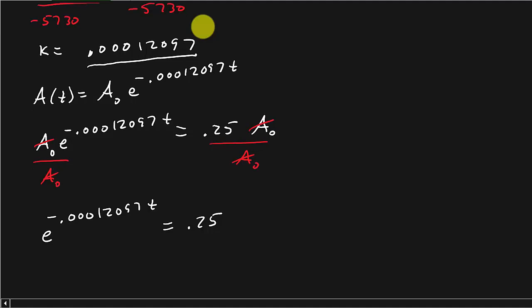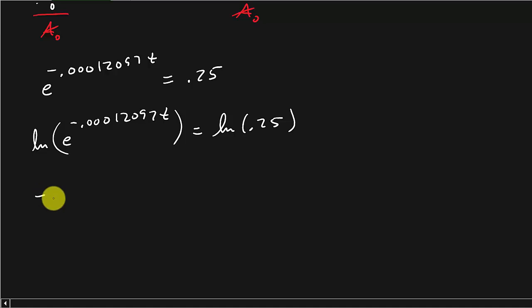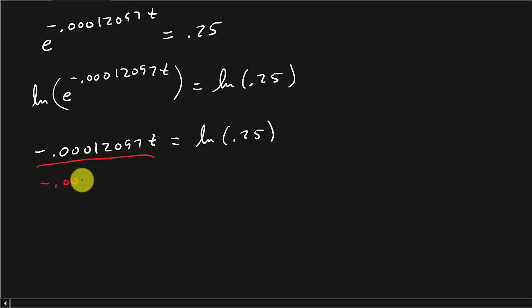We take the natural log of both sides, and that gives us negative 0.000120097 t. Remember, we just get the exponent. Then we divide both sides, and we get t is equal to the natural log of 0.25 divided by negative 0.000120097.